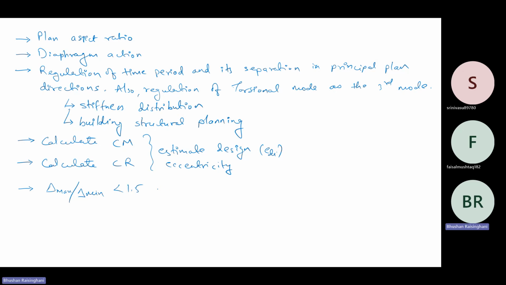However, if it is 1.5 up to 2, then you have to regulate the time period as mentioned above. Then, if it is more than 2, then redesign.